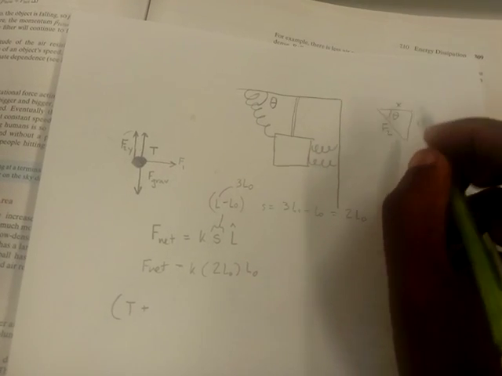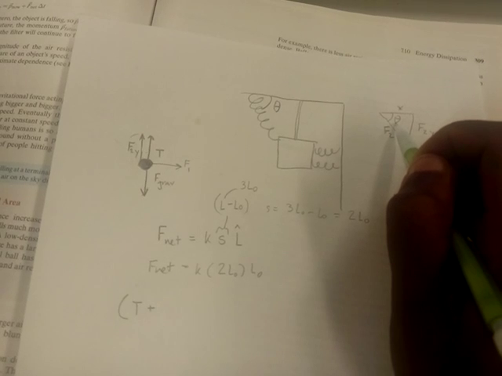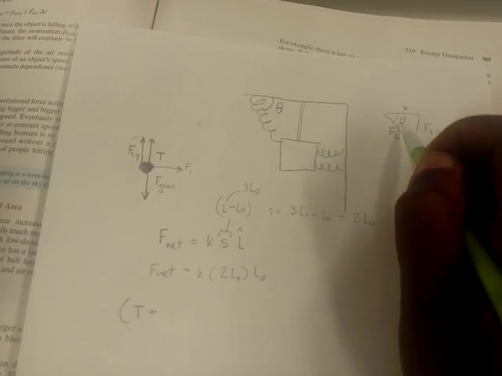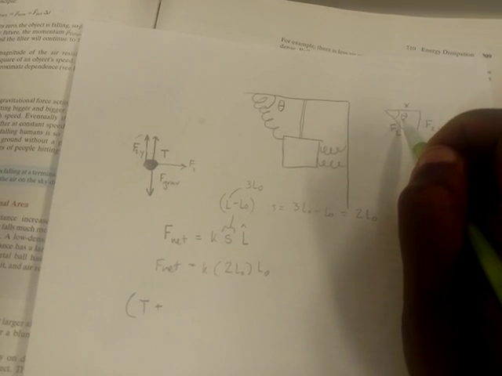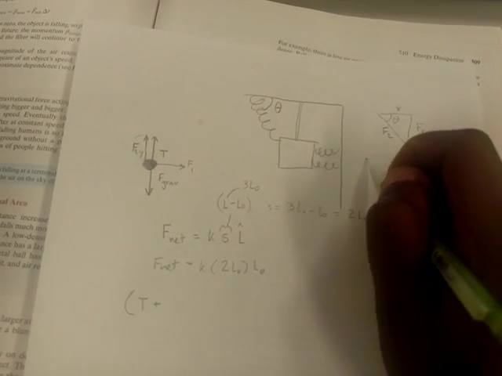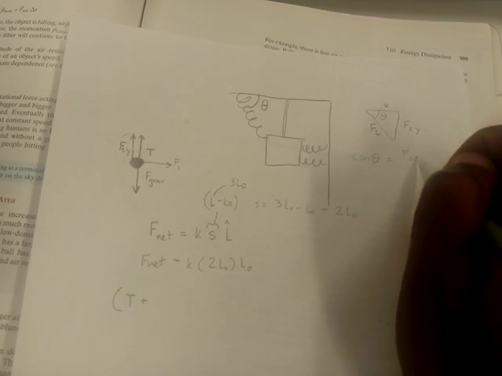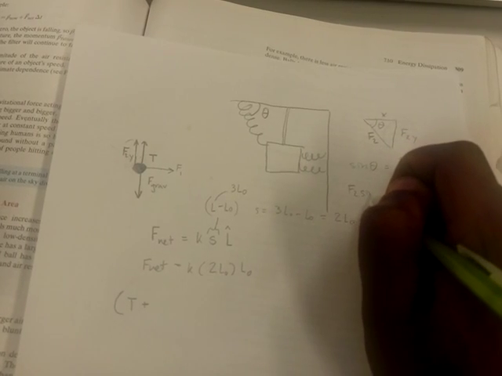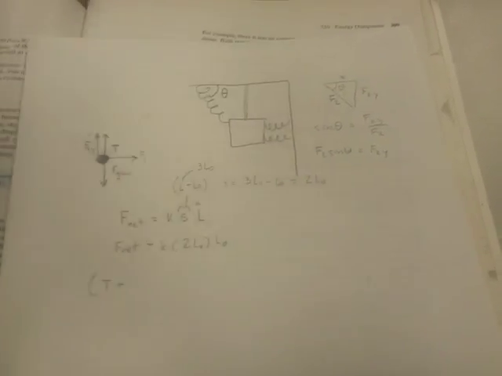So if we want to solve for that, what would work best? We could use sine, I believe. Let's try that first. Sine theta is equal to opposite over hypotenuse, which is F2y over F2. And then you would say F2 sine theta is equal to F2y. I think we can roll with that.